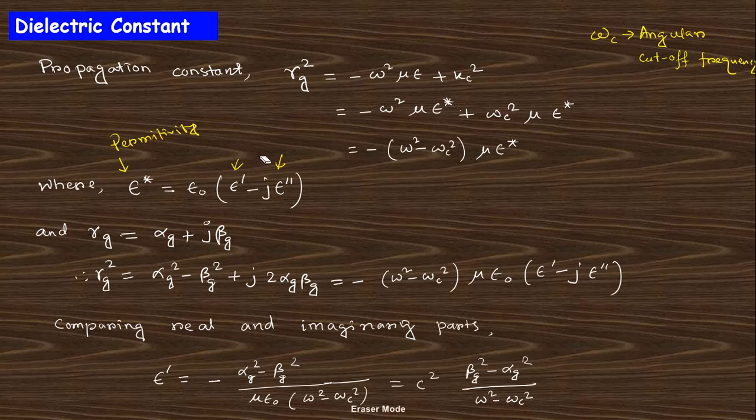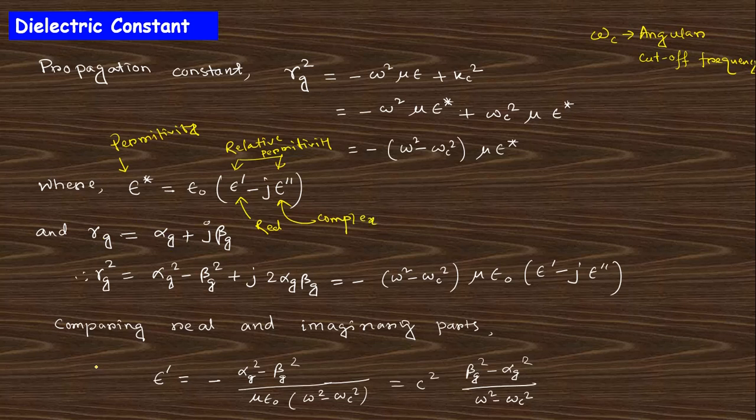These two are relative permittivity, this is the real part and this is the complex part, right? So these are related like that.